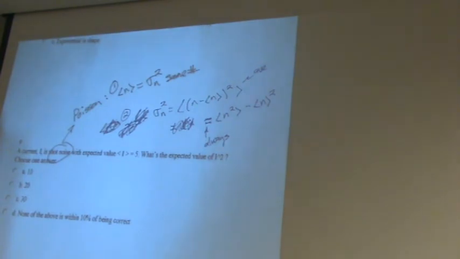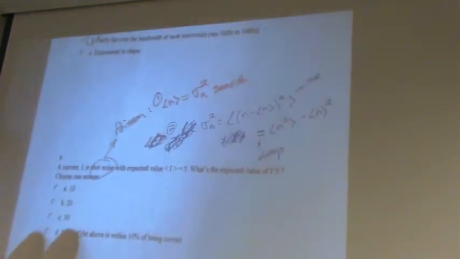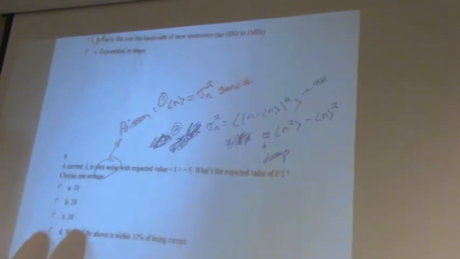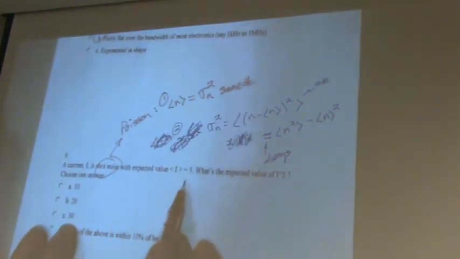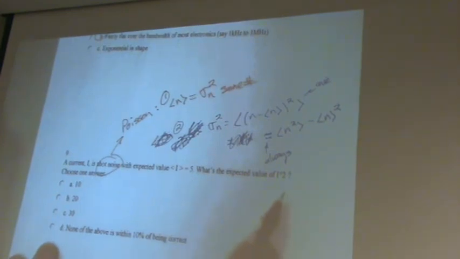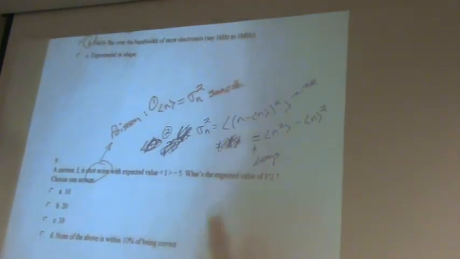Okay, so now I'm armed with my lecture notes. And so, let's see, the rest is just math. Expected value of I is 5. What's the expected value of I squared?